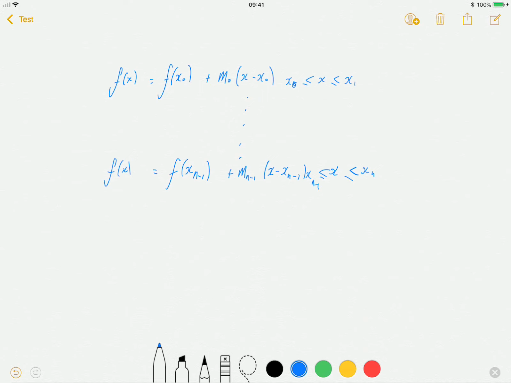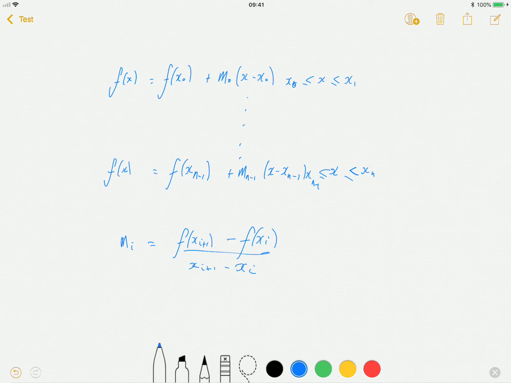And the gradient, or the slope of the straight line connecting the points, m, for my ith spline function, is equal to f of x(i+1) minus f of xi, all divided by x(i+1) minus xi.